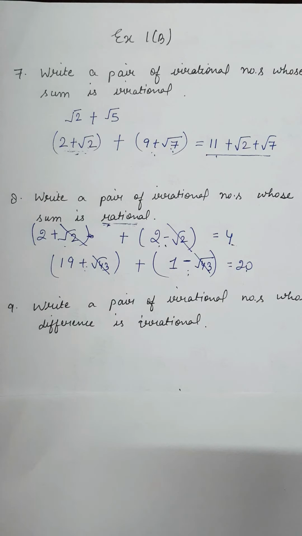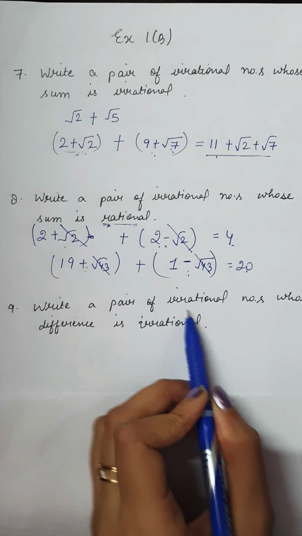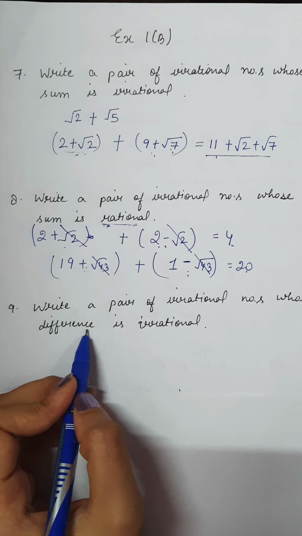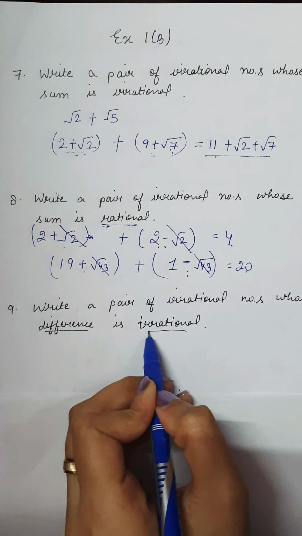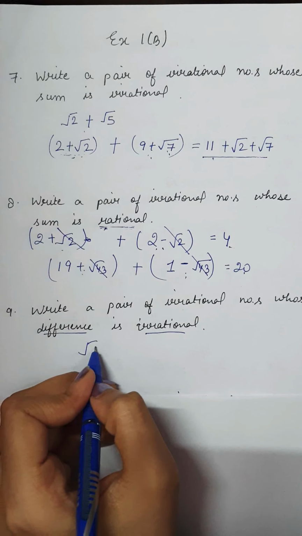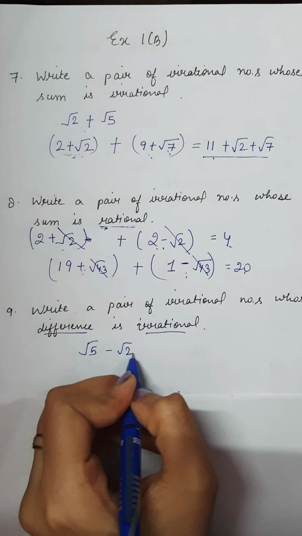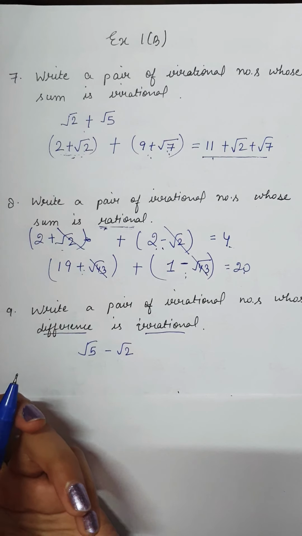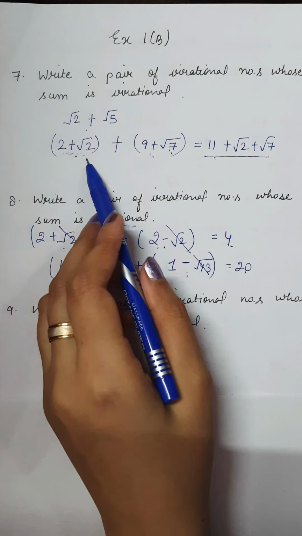Question number 9. Write a pair of irrational numbers whose difference is irrational. Same as this one. If I write under root 5 minus under root 2, the answer is irrational. Or let us take this example.